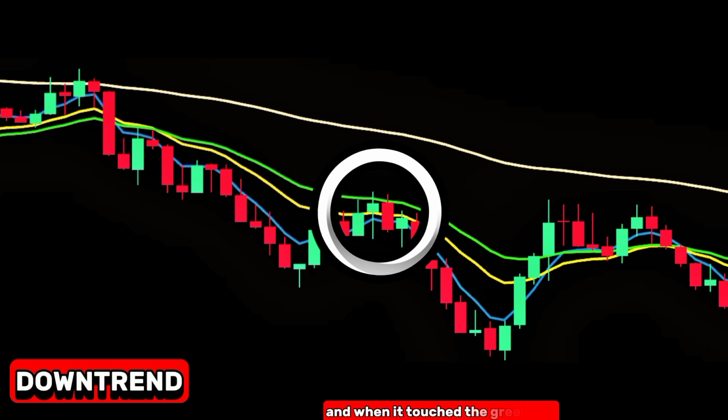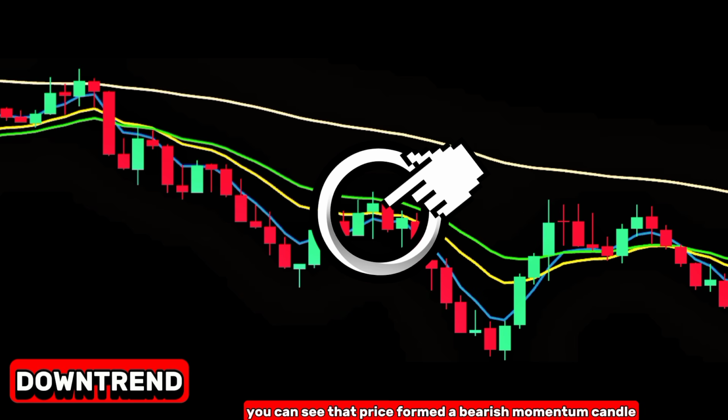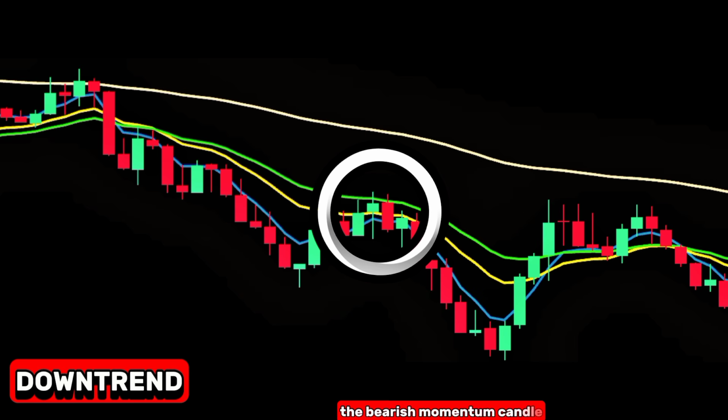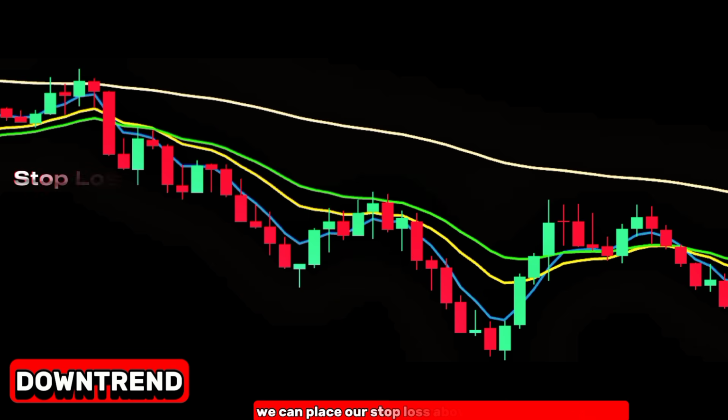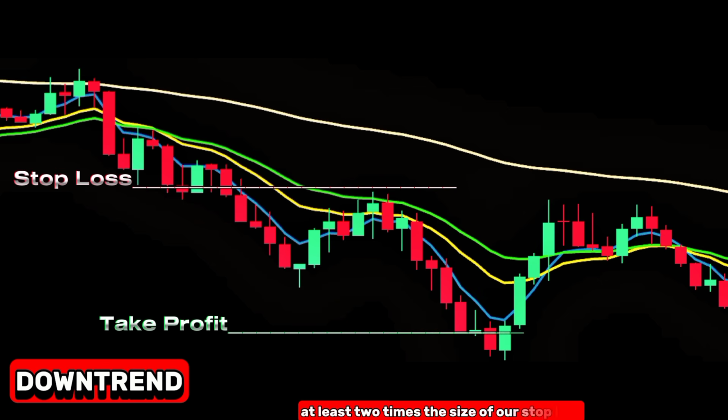And when it touched the green line, you can see that price formed a bearish momentum candle. The bearish momentum candle is the final signal we need to enter the market. So in a case like this, we can place our stop loss above the momentum candle and our take profit target at least 2 times the size of our stop loss. And as you can see here, our take profit target was hit.